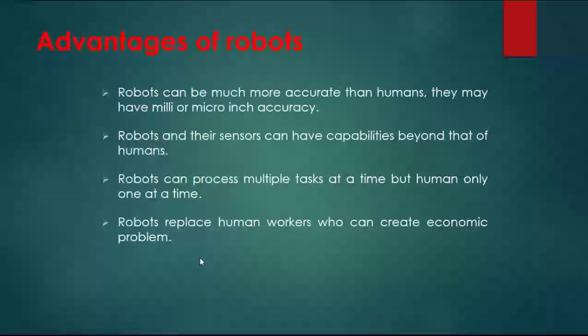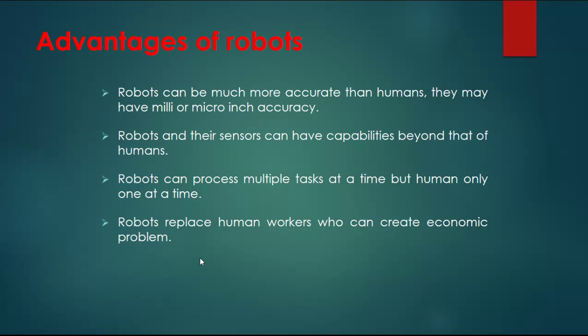Now let us see another advantage of robots, that a robot can be much more accurate than humans. Then robots and their sensors can have capabilities beyond those of humans. We have some kind of constraints, but robot sensors have more range to sense and be aware of the environment. Then robots can process multiple tasks at a time, which humans cannot do.